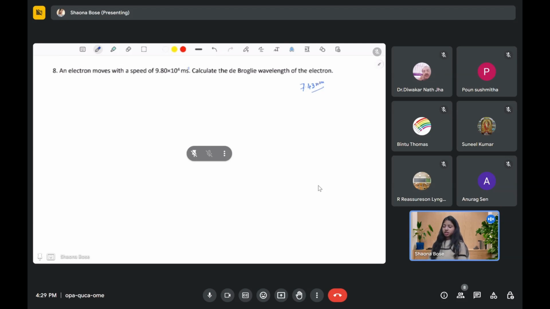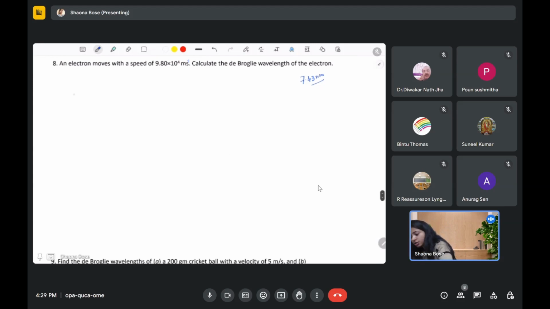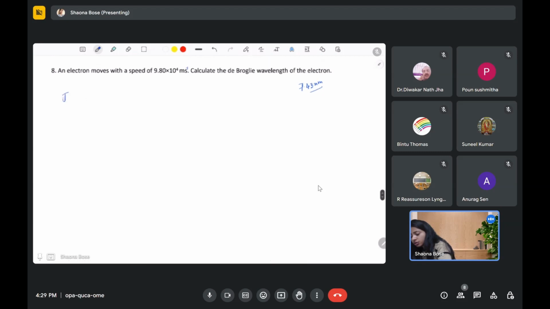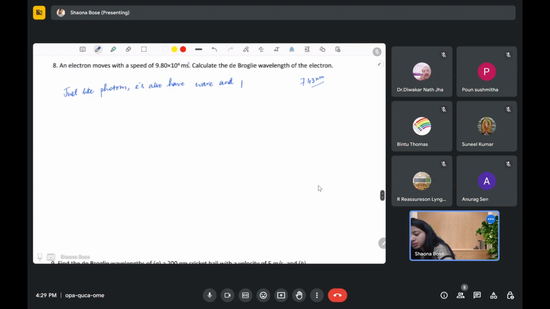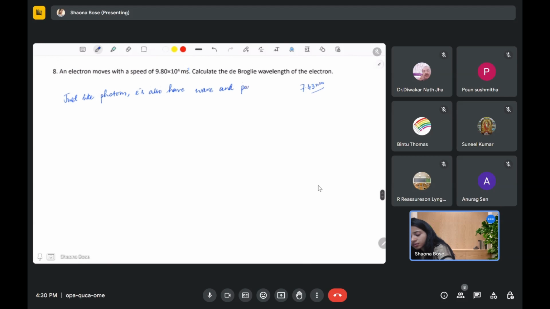So what de Broglie said, this hypothesis, was that electrons, just like photons, electrons also have wave and particle nature.